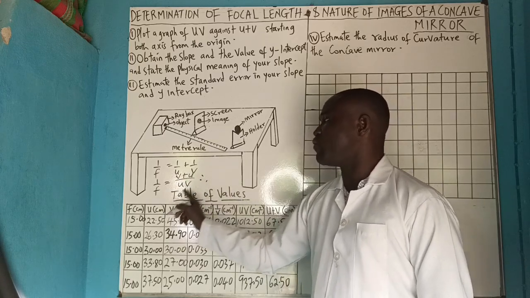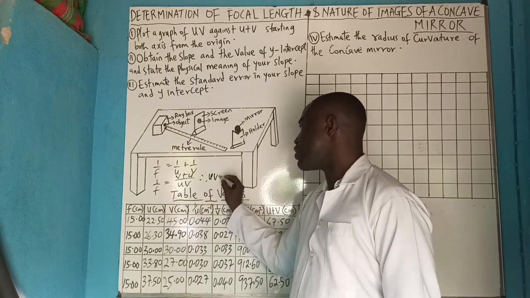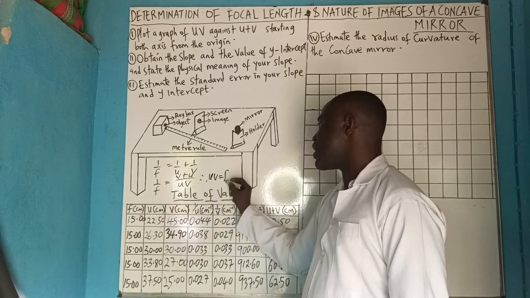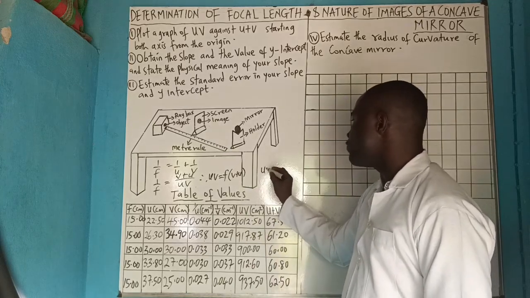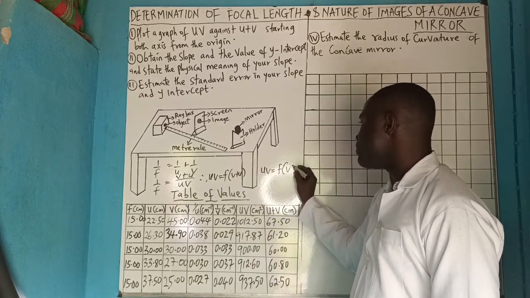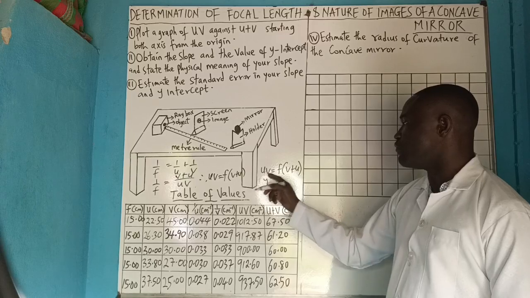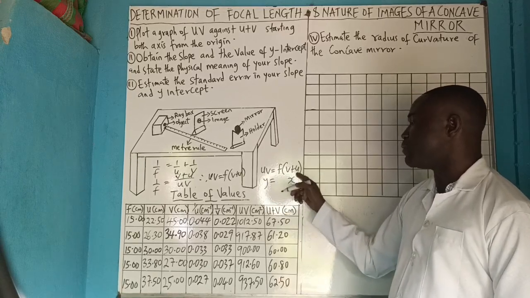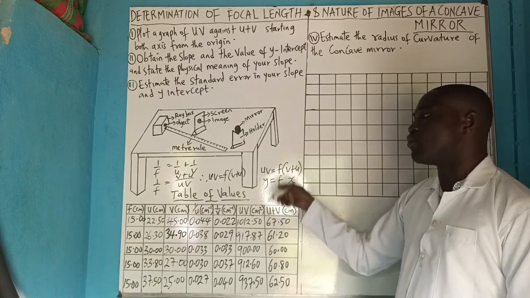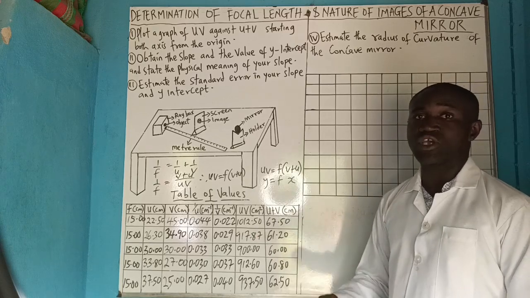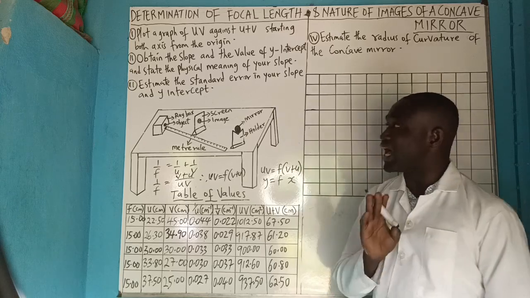Therefore, cross multiply: uv equals f bracket v plus u. That tells you that when you plot a graph of uv against v plus u, f will be your slope. Whatever you get as your slope will be your f, the focal length of that mirror. Okay, we have gotten the idea of what they asked us to do.